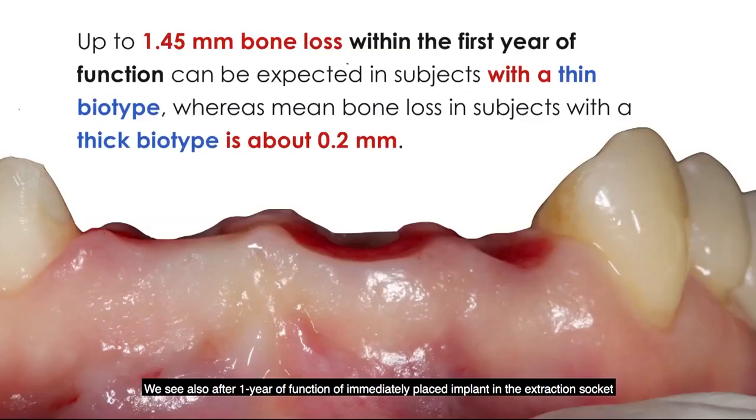We see also after 1 year of function in immediately placed implants in the extraction socket, a difference in the bone behavior. So we have only a 0.2 millimeter bone loss in a thick tissue biotype and 1.45 millimeter bone loss within the first year of function in the thin tissue biotype.